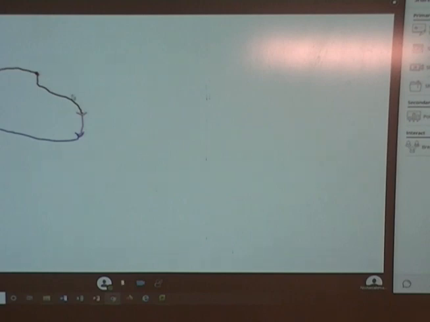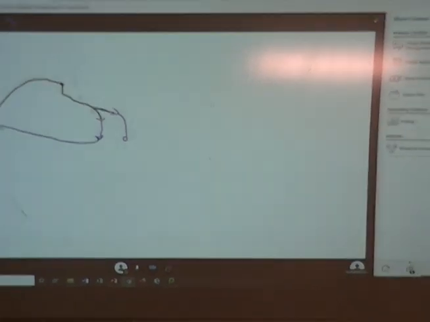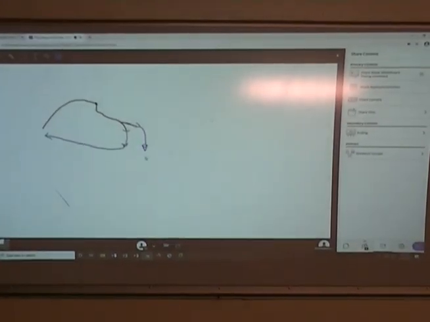But we also have, that's the wrong colour, we also have what we call an inhibitory motor interneuron, which synapses with the motor nerve for the hamstring.